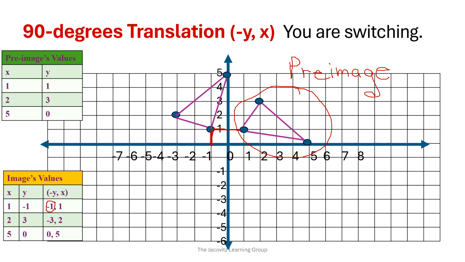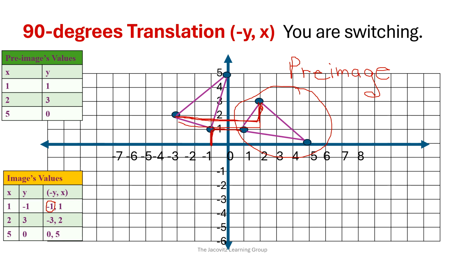Now let's look over here at your 2 and your 3. Well, the next value is -3 and 2. Okay, so if we go down a little bit and over, that's 90 degrees. See, that's where you see your 90s, when they come down and start doing the switch. Other than that, you don't really see them.